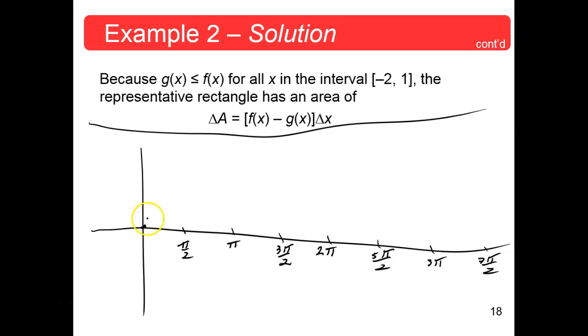So for the sine function, x starts at 0 and does where? This is not drawn to scale. I admit that. It goes up to 1 at pi halves, down to 0 at pi, negative 1 at 3 halves pi, 0, 1, 0, negative 1.